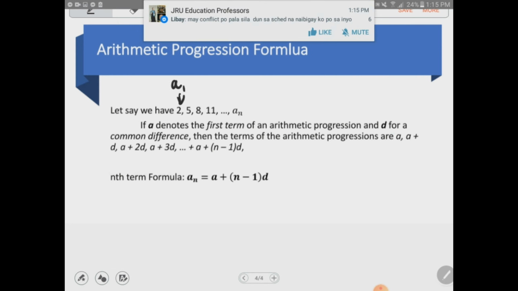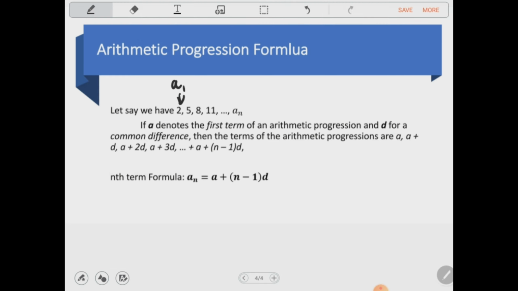So the second term would be A plus D, and the next is A plus 2D. Next is we have A plus 3D.